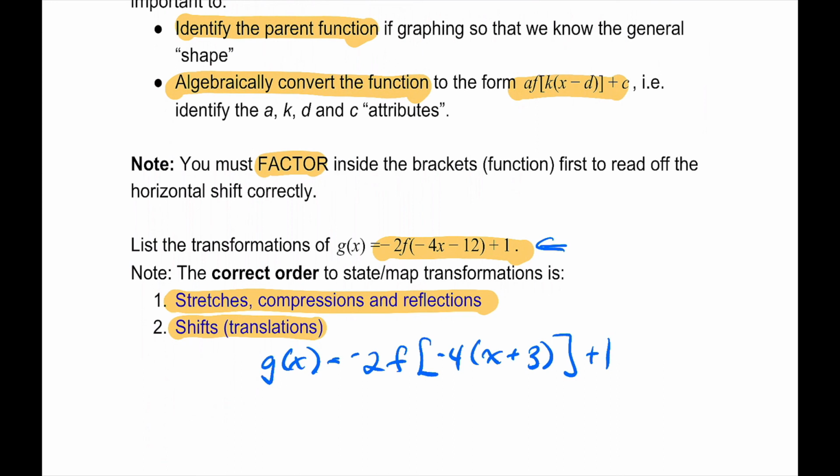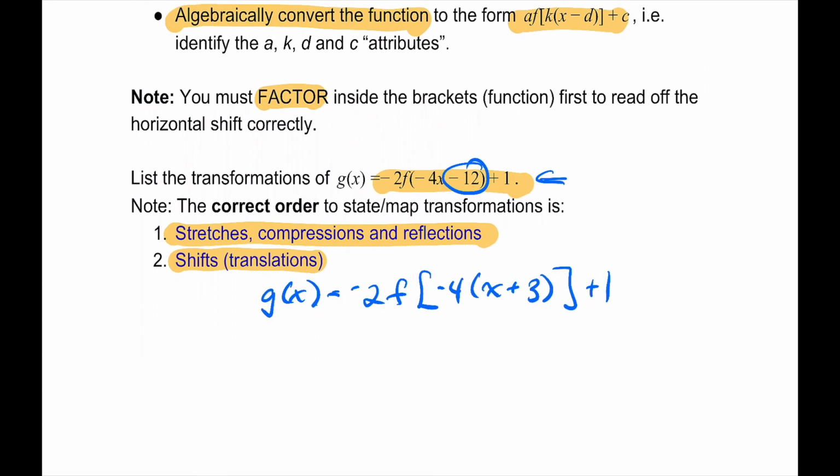If we didn't do that, then we might falsely see that the shift is going to be 12 to the right. But really, we want to get x by itself, so that's why we need to factor out the negative 4. In other words, not anything multiplied to x inside of brackets. And therefore, we could read the proper shift value.